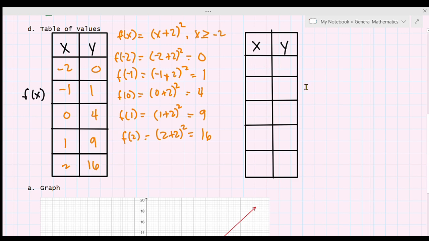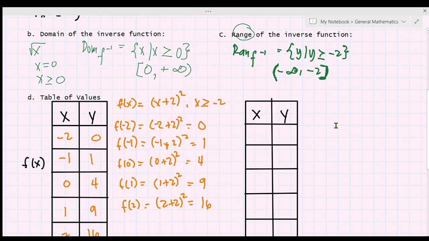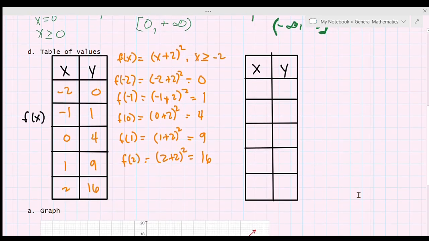Next, we have to use our example of the inverse of a function. Our inverse function is f of x equals the square root of x minus 2.